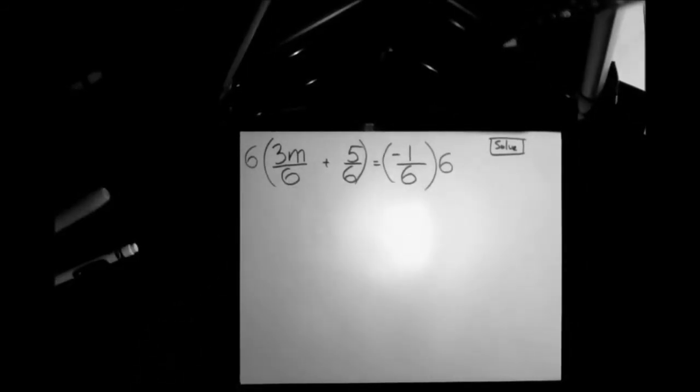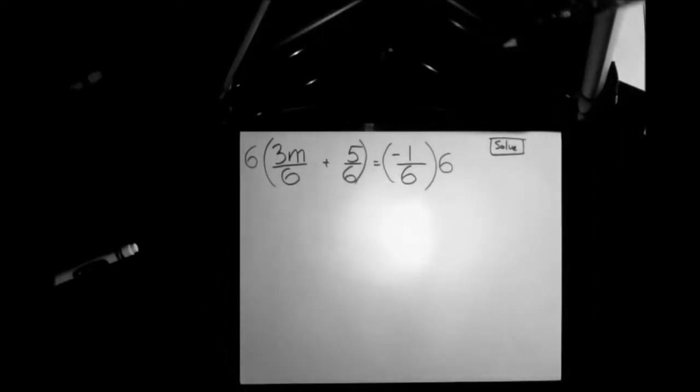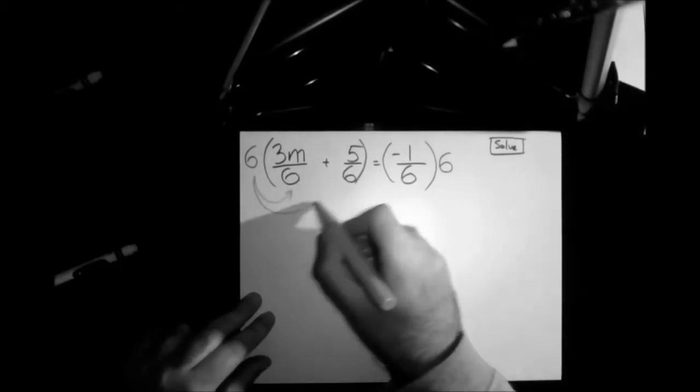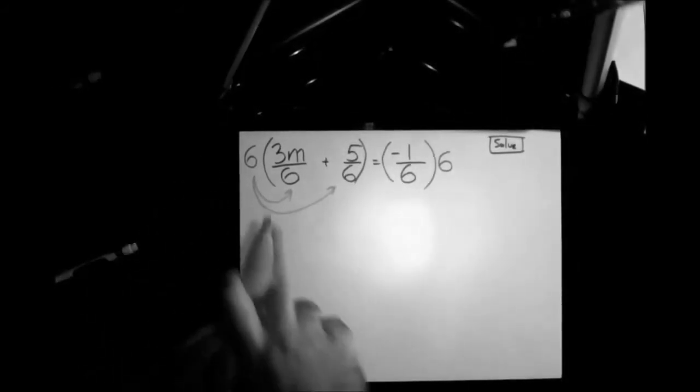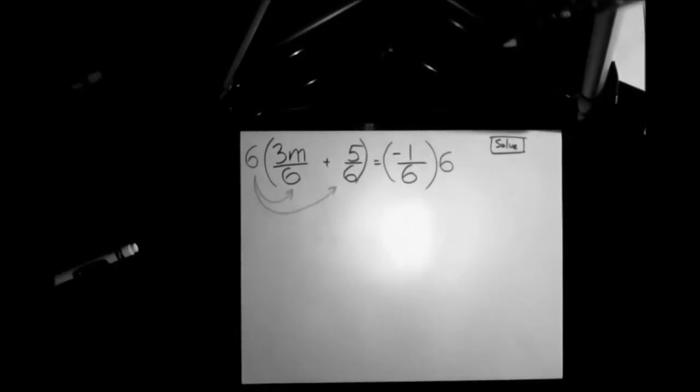Alright, so before I go on any further, I need to distribute this 6 to both terms. Ahead of time, if you don't want to, you can multiply this 6 individually. You can kind of skip the distributive property step here. But in case that still doesn't make a whole lot of sense to you and you want to go this route, you can. All I'm saying is you can actually skip this step and have the 6 be multiplied by each term on the left side individually from the get-go.